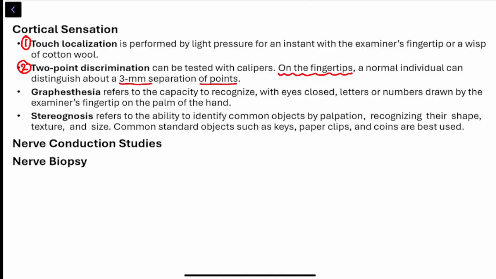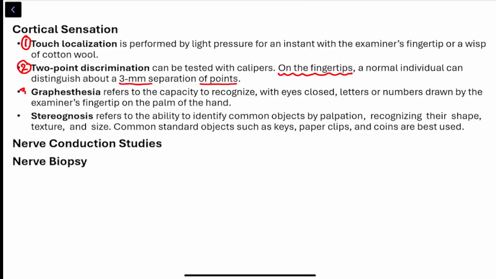For example, the patient can tell a difference of 3 mm at the fingertips, but he will not be able to tell a difference of 3 mm on the skin of the back, right? So the different areas of the body are differently sensitive. That is what I mean to say.